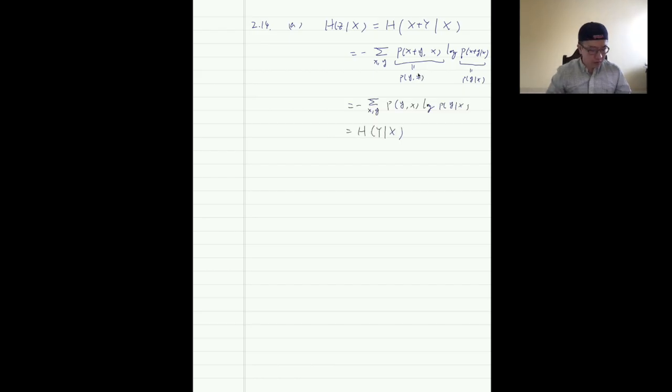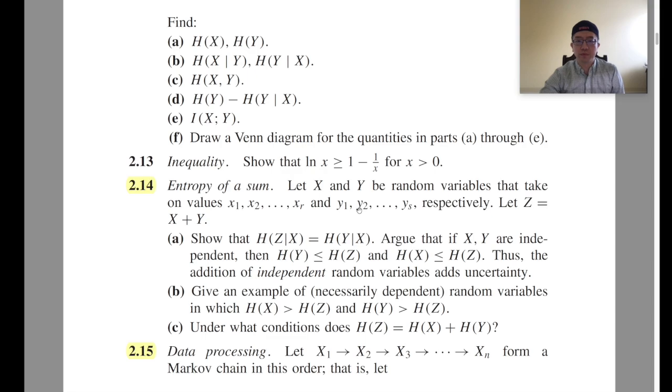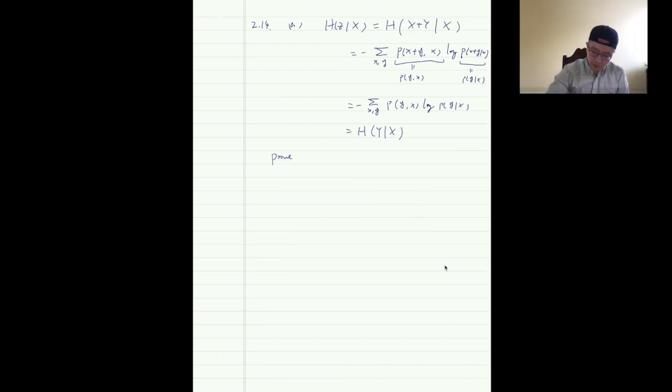Therefore, they're equal. And for the second part, we're going to prove that this inequality and this inequality hold. So hy will be less than or equal to hz. When we show this mathematical proof, there may not be much intuition going on here. Oh, by the way, this assumes x and y are independent.